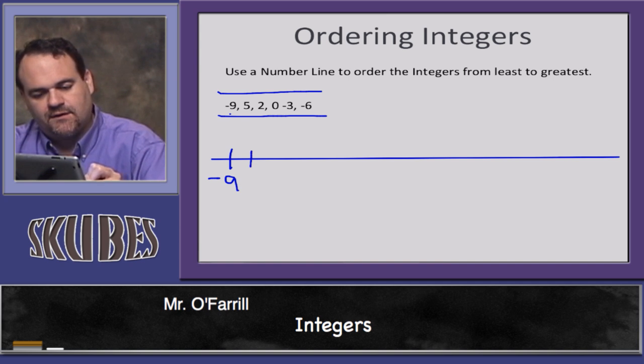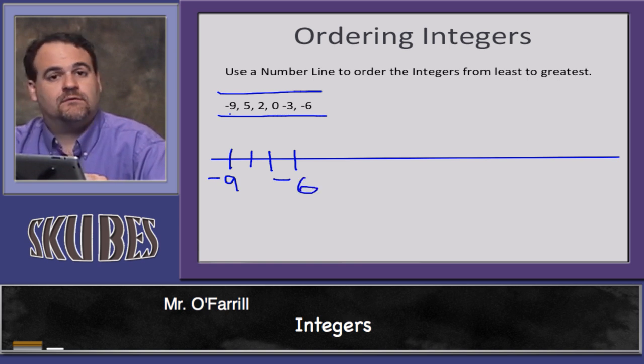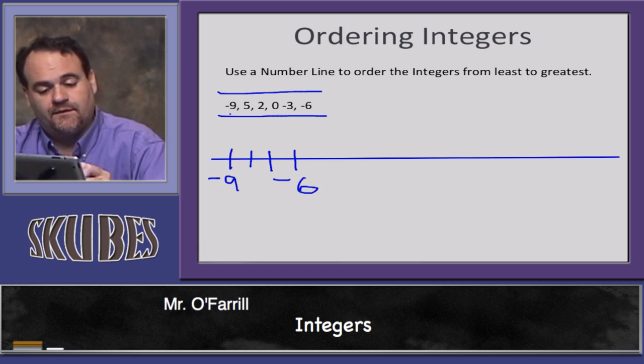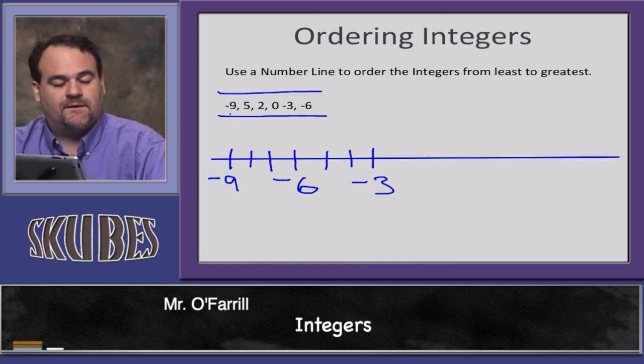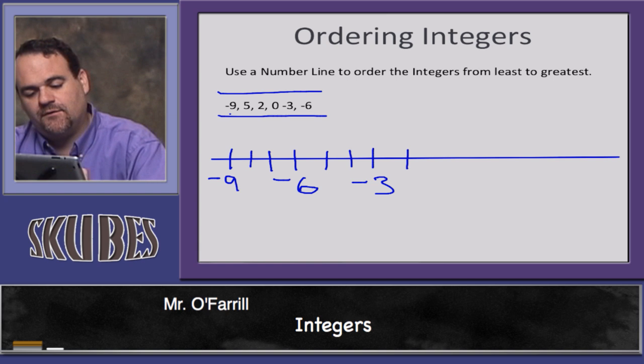-8, -7, -6. That's one of our numbers. -5, -4, -3. That's one of our numbers. -2, -1, 0.